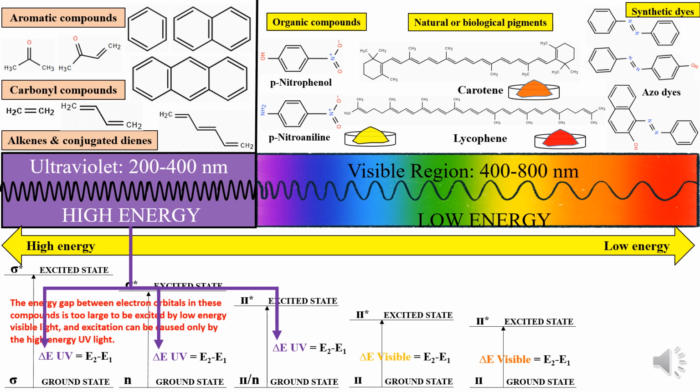And similarly, as you move towards the right side, you come across the natural or biological pigments with extensive conjugation. You see nearly 11 to 13 double bonds in case of carotene and lycopene that are in conjugation, and therefore due to the extension of conjugation, the absorption of radiation will be of longer wavelength.